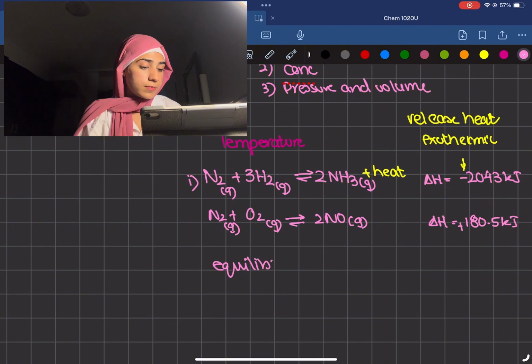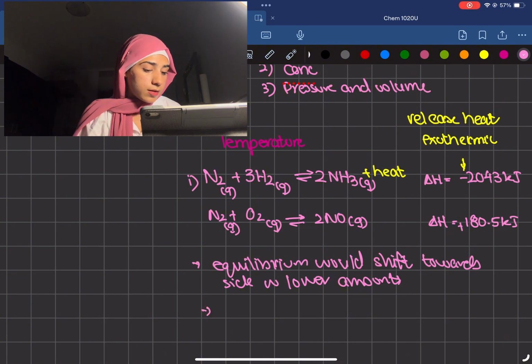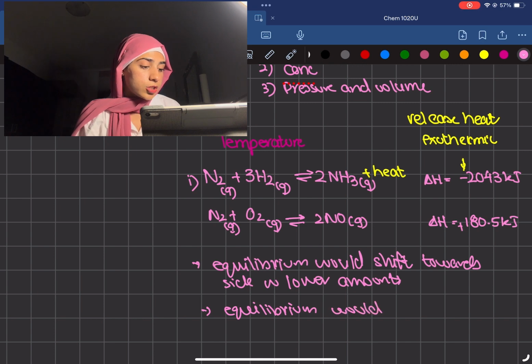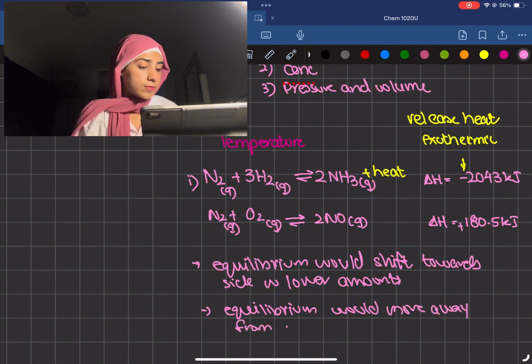equilibrium would shift towards the side with lower amounts, and then equilibrium would actually move away from the side with greater amounts.